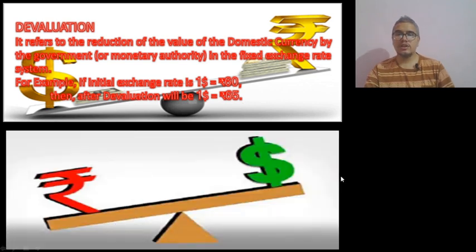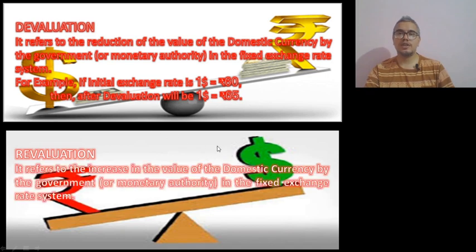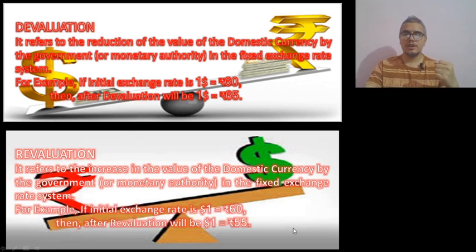Revaluation is the opposite of devaluation. The value of domestic currency will increase by the government in the fixed exchange rate system. So devaluation and revaluation both occur in the fixed exchange rate system, and whenever the value of domestic currency increases in the fixed exchange rate system as done by the government, then it is known as revaluation. Let's see an example. For example, the initial exchange rate is rupee 60 again.